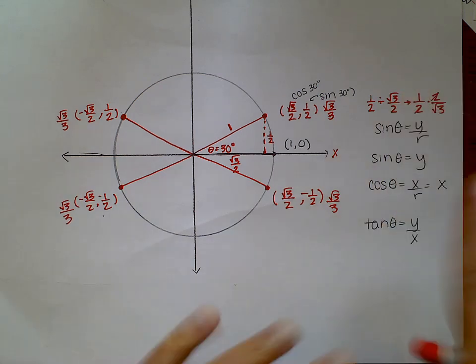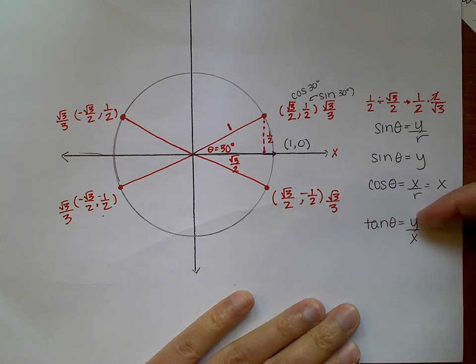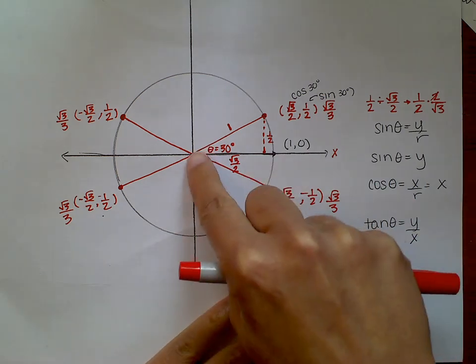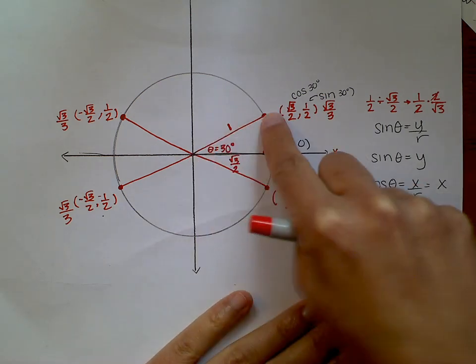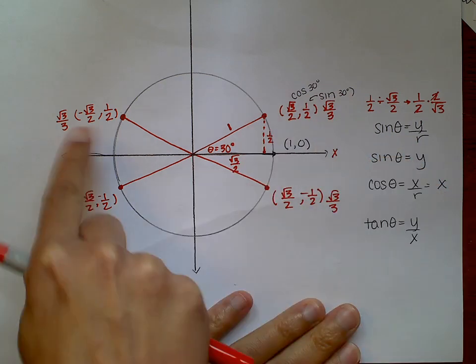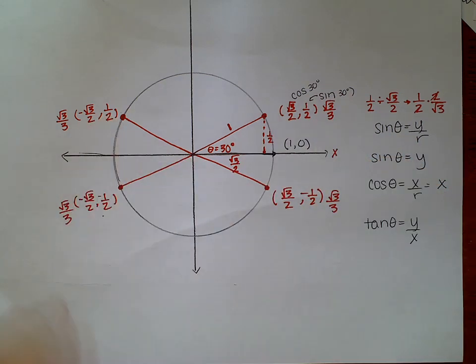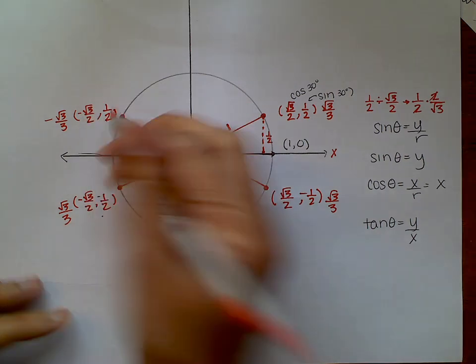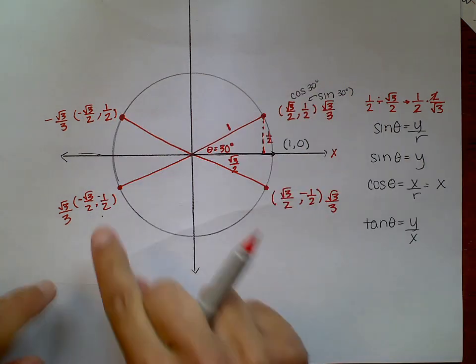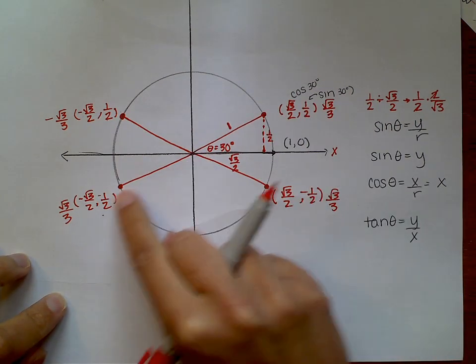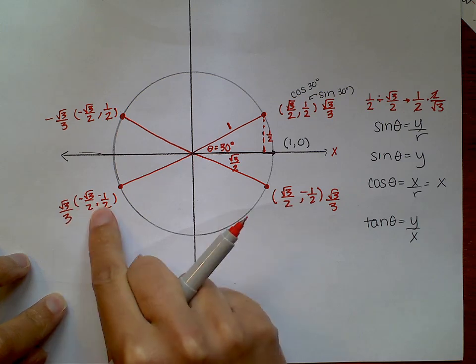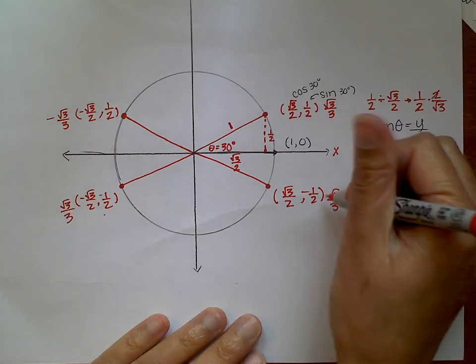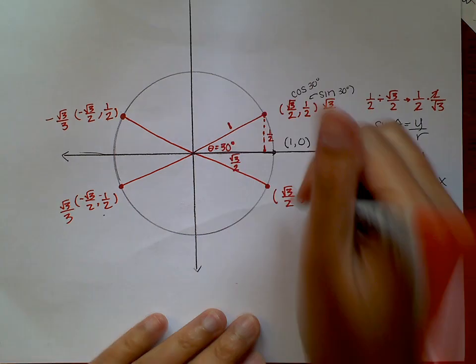I freaking love this stuff. So tangent is really slope, because y over x is slope. This line has a positive slope, so it's positive. This line has a negative slope, so it's negative. Plus, I'm dividing a negative by a positive, so it'll be negative. This line has a positive slope, and a negative divided by a negative is positive, so it's positive. And then negative here because we had a negative slope.